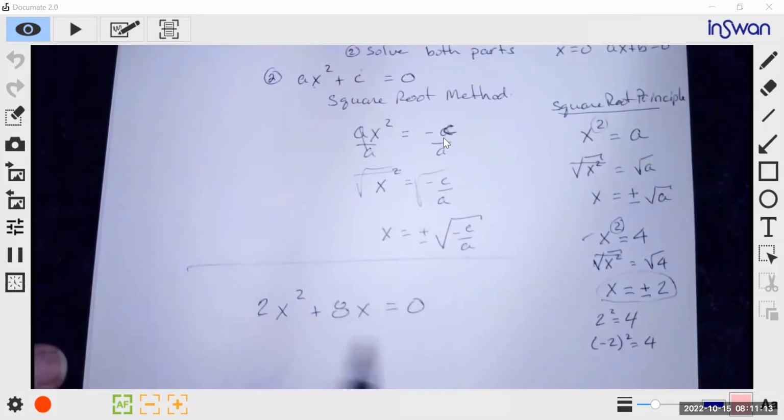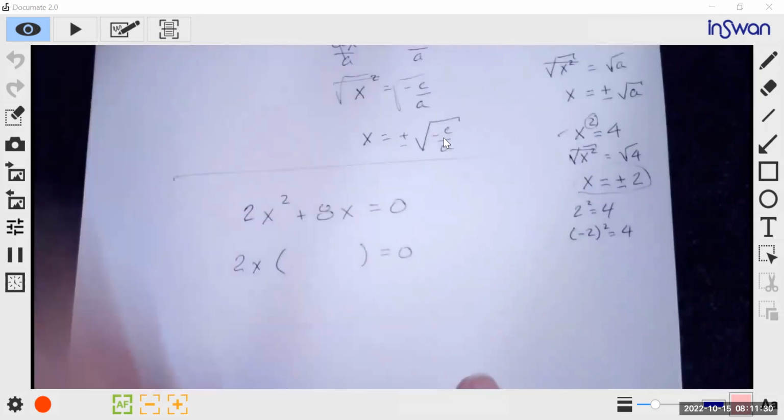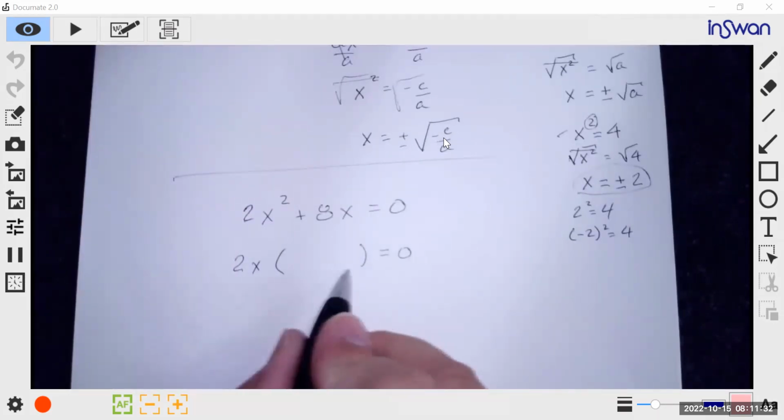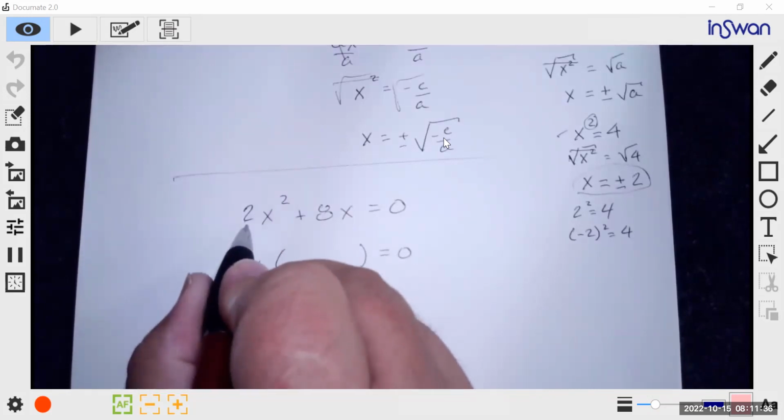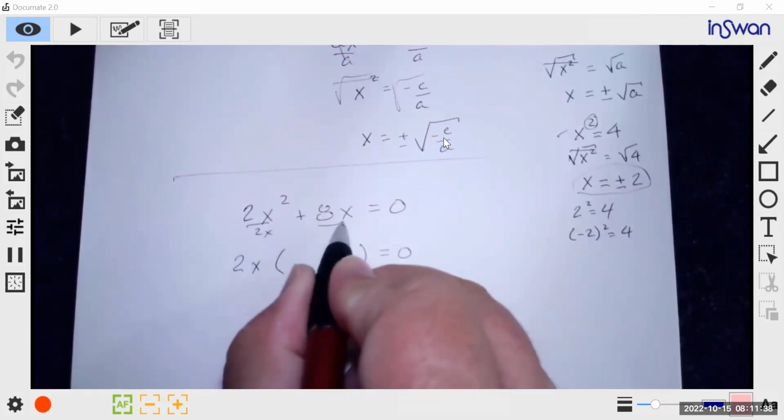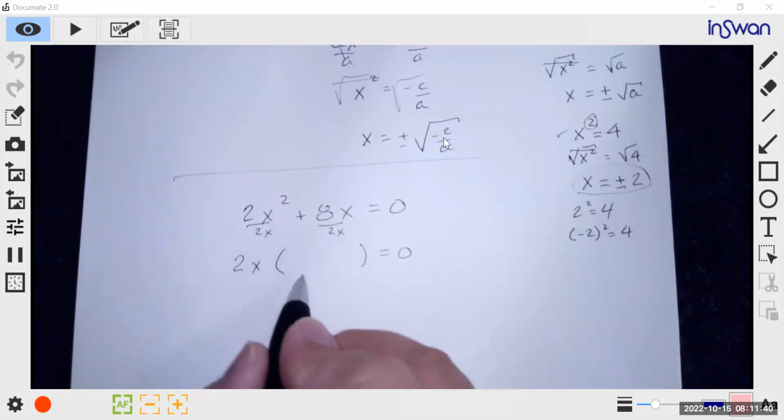We only have 2 terms, and they both have x's. So what do they have in common? They both have a 2 in common, and they both have an x. So I can factor out a 2x out of that equation. Now, to determine what goes inside here, since I factored out a 2x, I divide both of these by 2x, and whatever's left goes inside.